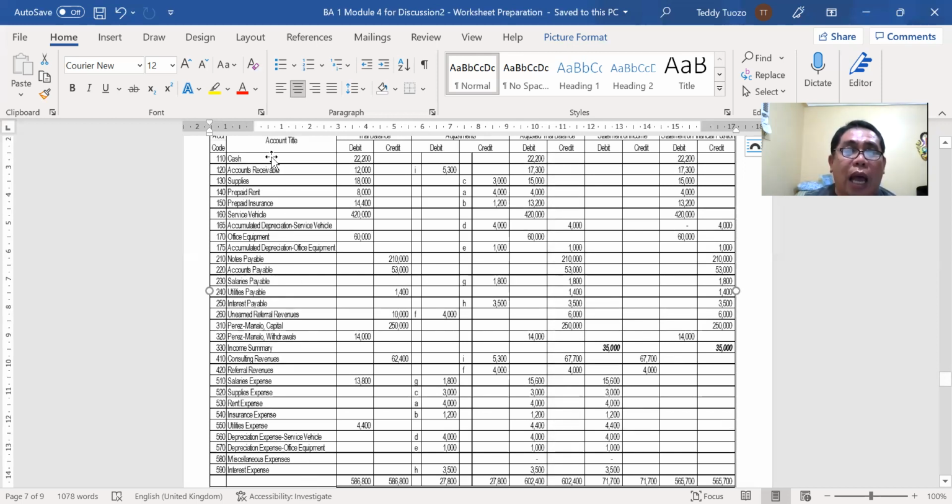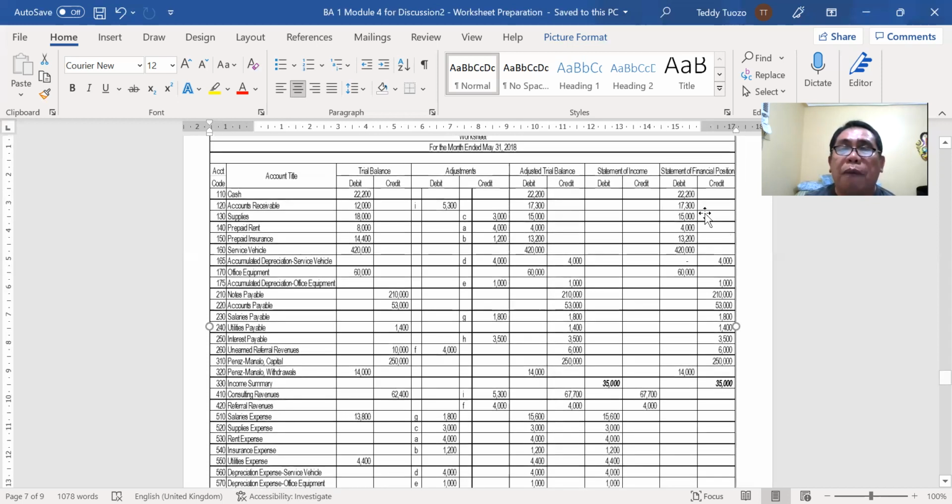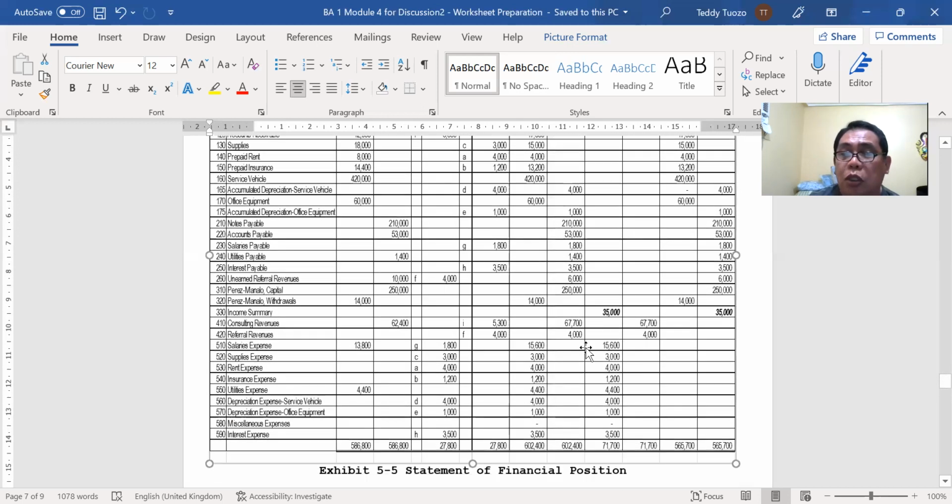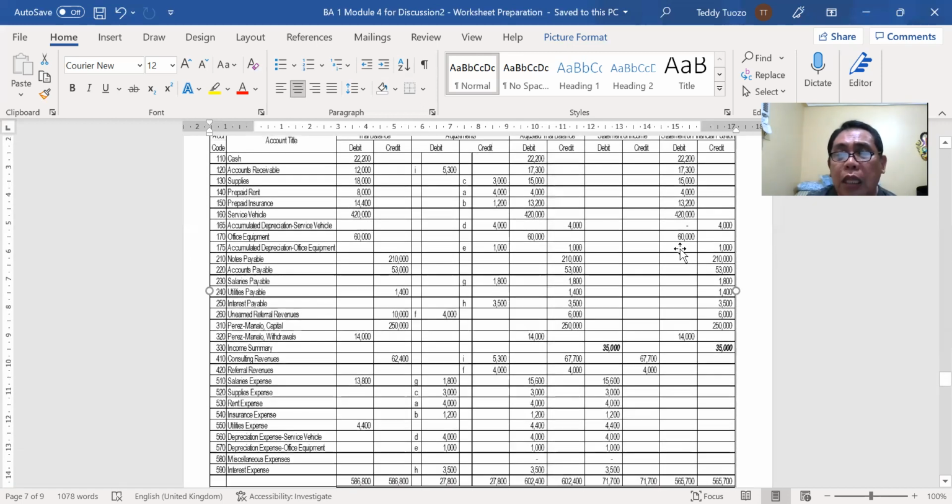So up there, the assets, liabilities, and the capital and withdrawal accounts should be forwarded to the statement of financial position. Remember, the amounts placed here should come from the adjusted trial balance, for the revenue, income, and expense accounts as well, and not from the unadjusted one, which is before the adjustments.